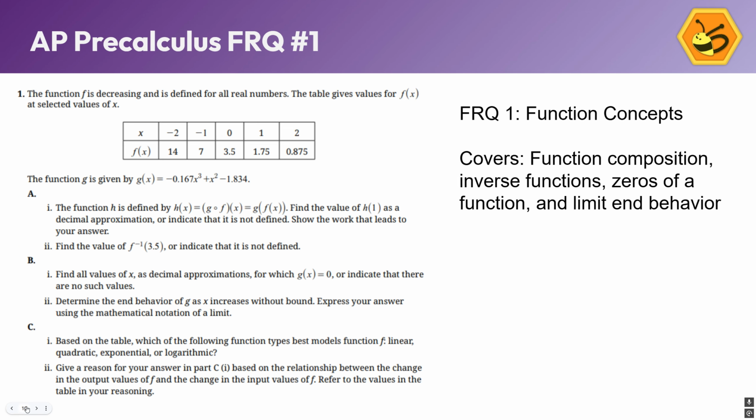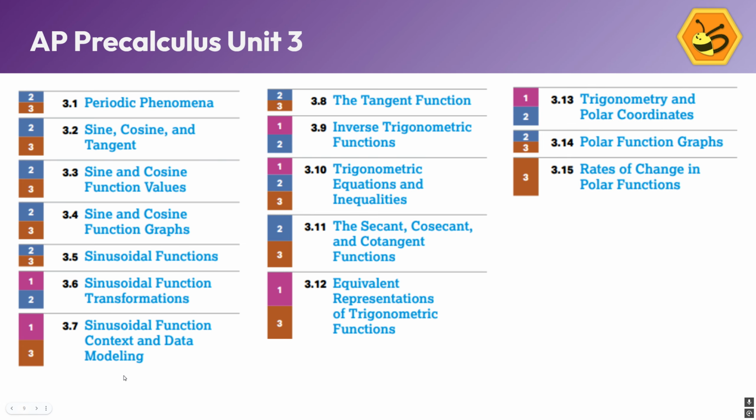And then finally, FYI, Unit 4 is not tested on the AP exam. So parametrics, vectors, and matrices and conics are not tested on the AP exam. If you learned it, good that you learned it, but you don't have to know it for the AP exam.